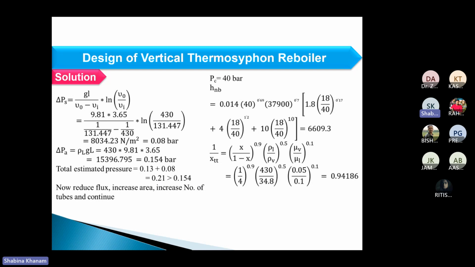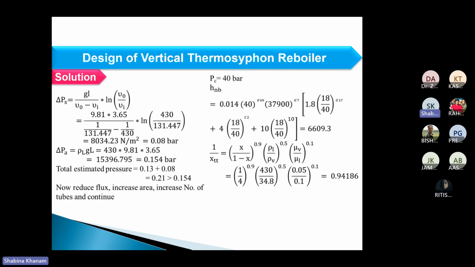But don't reduce too much, because then the condition is valid but there is no point, and you are unnecessarily increasing the area. Increasing area directly affects the capital investment. So you need to consider the design valid and economically feasible also.